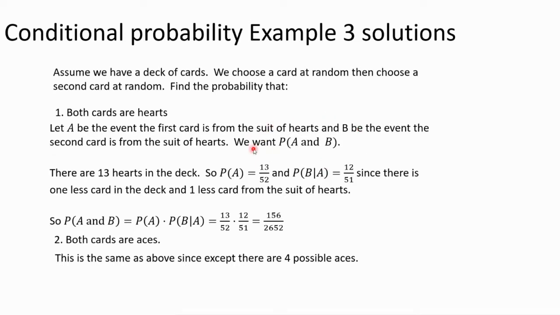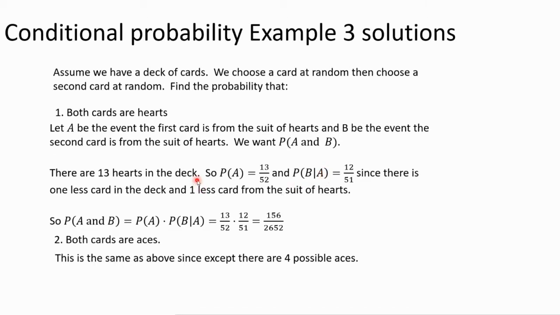Okay, well, remember each suit has 13 cards in it. So initially there are 13 hearts in the deck. So the probability of A would be 13 out of 52. What about the probability of B given A?